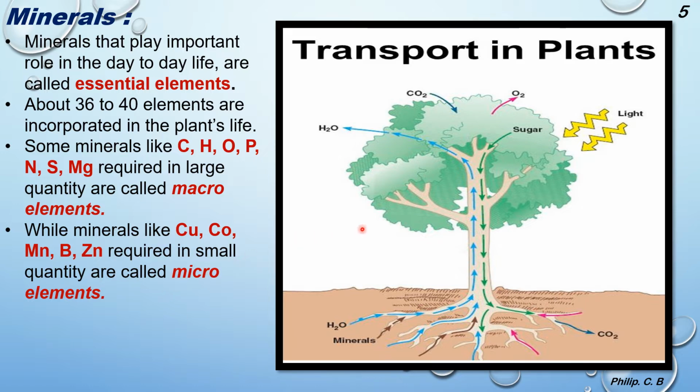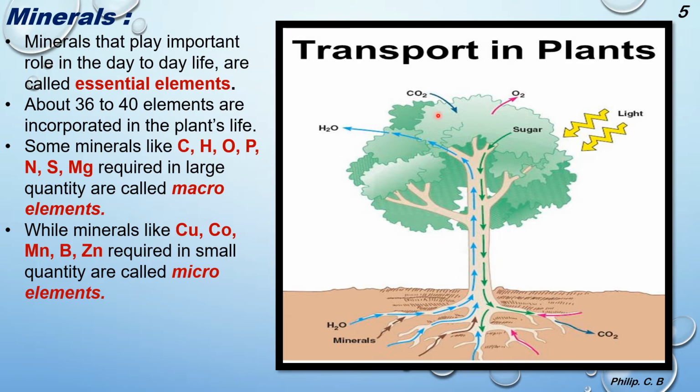Again you can see an image which I put over here, which shows the water and minerals taken up by the root. You can see the arrow moving in the upward direction along with the water, through the xylem components, which reaches from the stem till the top part, that is the leaf, and from the leaf by transpiration it is removed.